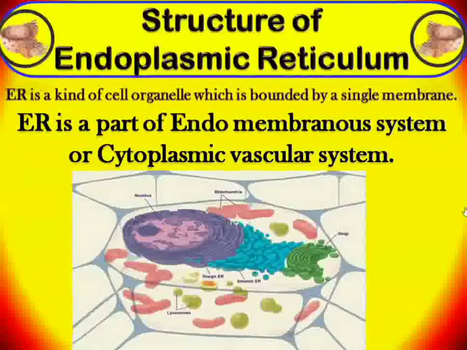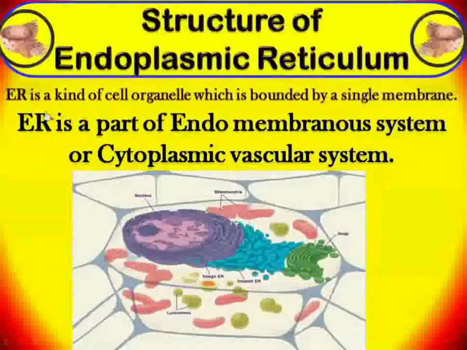Here you can see this is nothing but endoplasmic reticulum, this is the Golgi complex, and these structures are nothing but lysosomes. All these three structures together are called the endomembranous system or cytoplasmic vacuolar system.